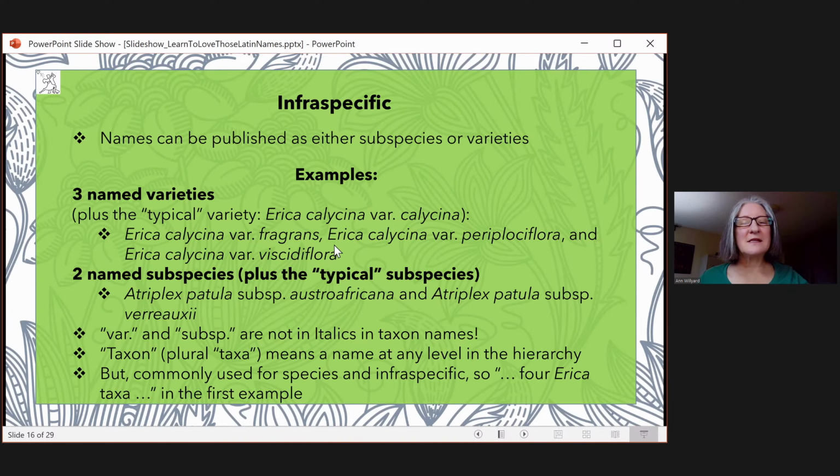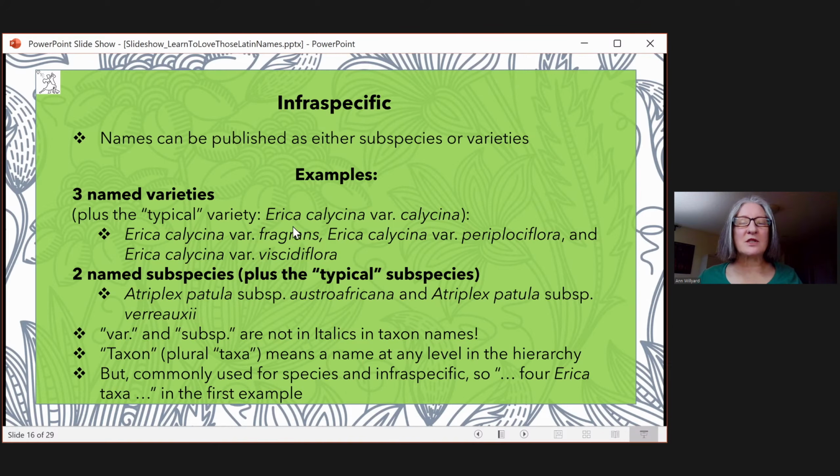So again, these infraspecific names work like modifiers of the modifiers. So within Erica calcina, you'd have the fragrant one. I don't know what periplosa means, we can figure that one out, or the sticky flowered one.